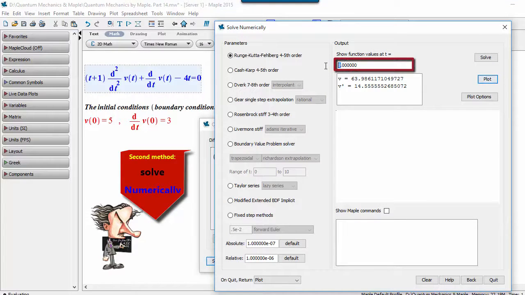If t equals 11, then the function value v and its derivative v prime are.